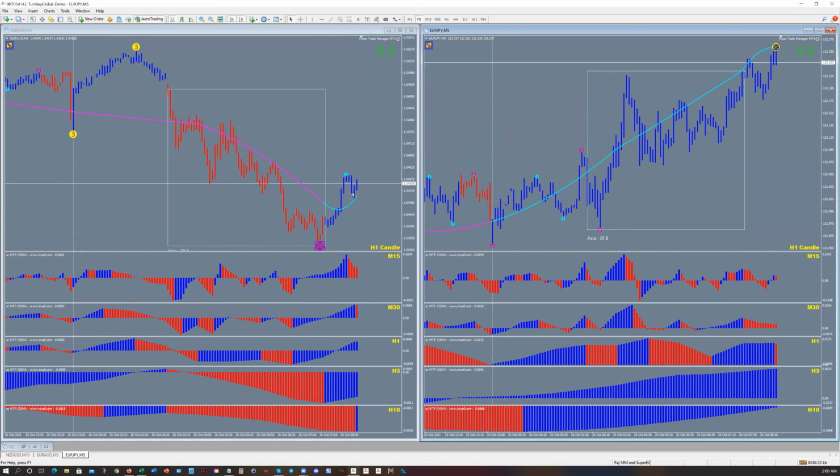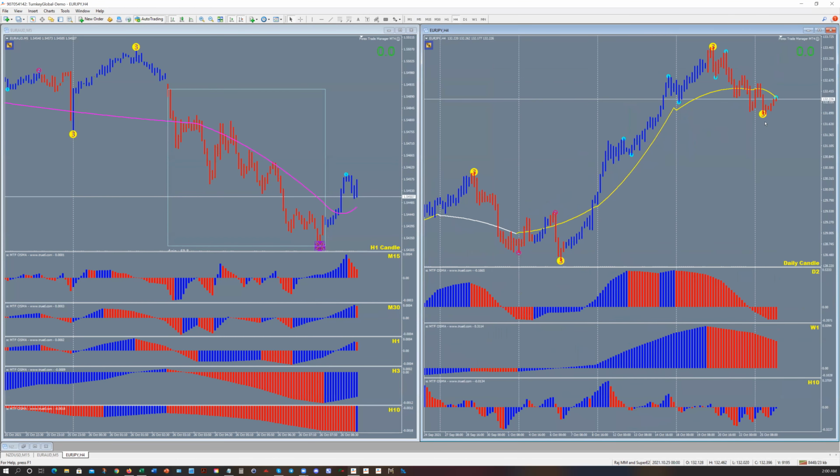So basically, we need to have the 1-ball retracement done here. And Euro Yen is doing a 1-ball on the 4-hour. You just need to have a low of the session established to go long, right? 4-hour. Just want to make sure.